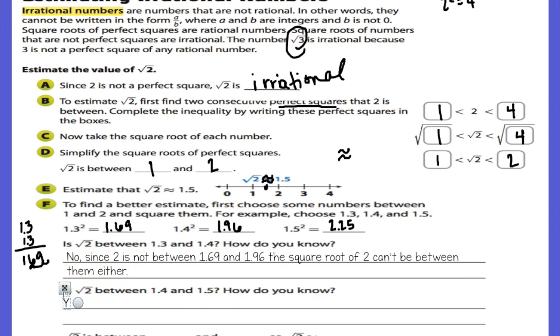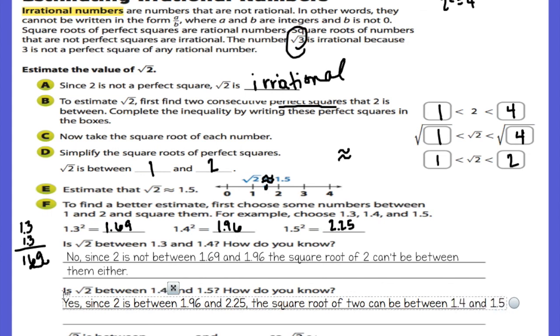So now, yes, since 2 is between 1 and 96/100 and 2 and 25/100, the square root of 2 can be between 1 and 4/10 and 1 and 5/10.